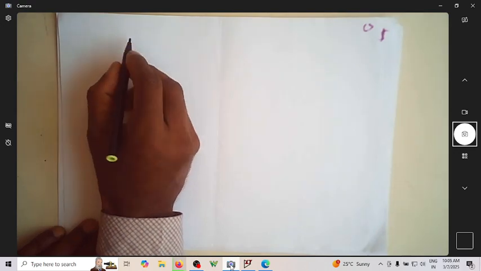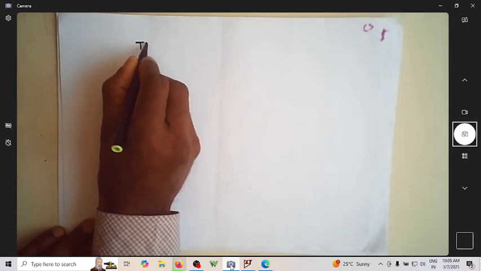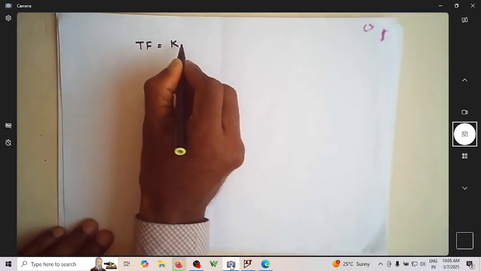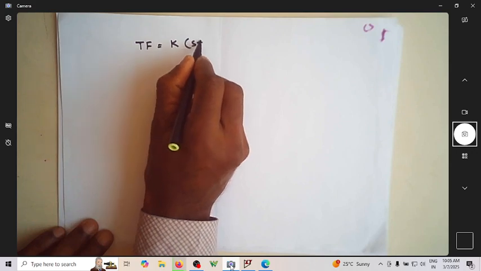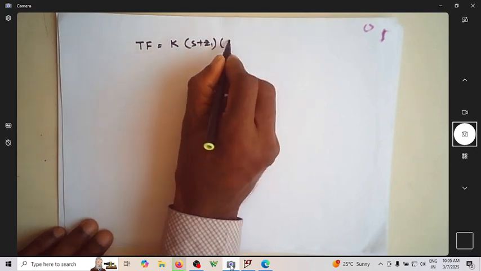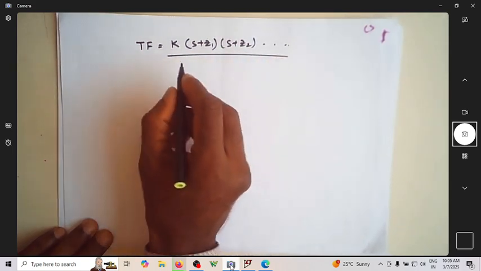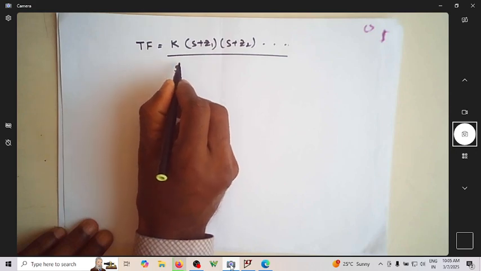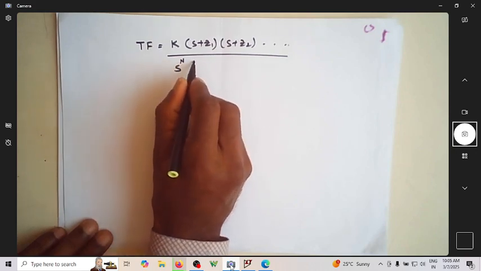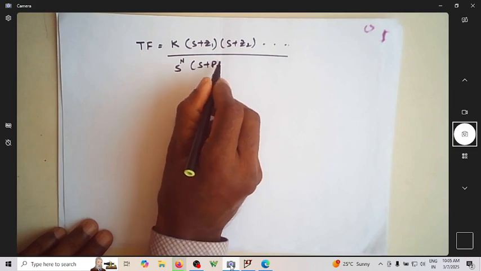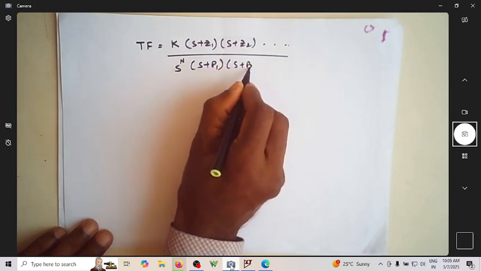So, the transfer function in general form can be written as k into (s plus z1) (s plus z2), with n number of terms, divided by (s plus p1) (s plus p2), and so on.